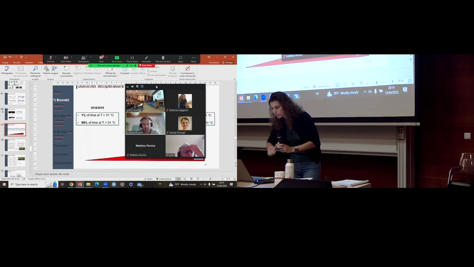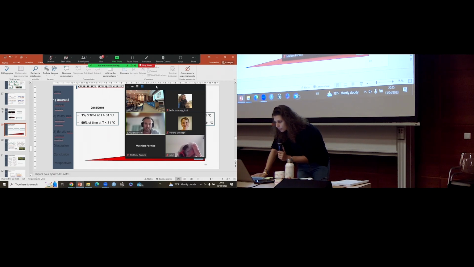And I agree with what was said before, that there is so much data there that all of these aspects could end up in a new paper, digging more into certain areas.